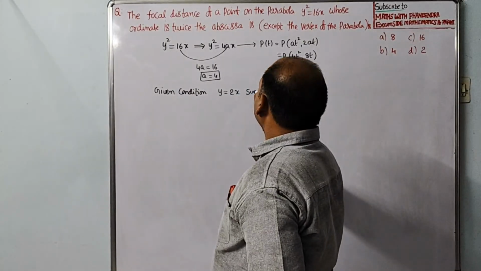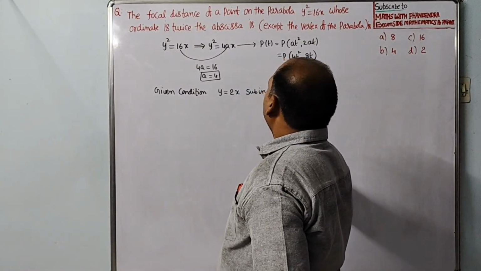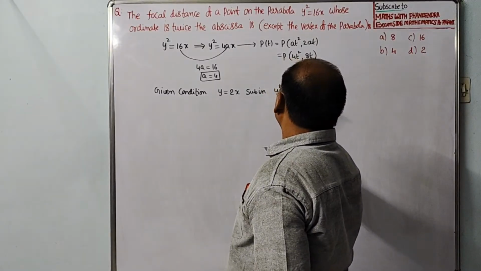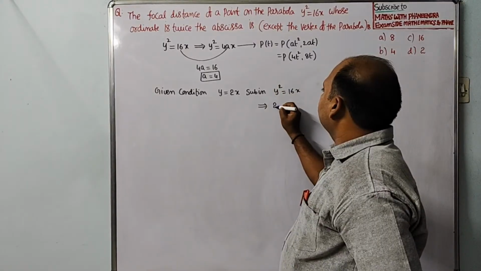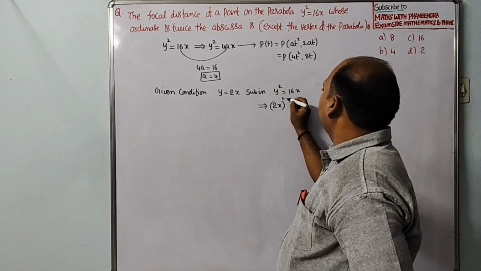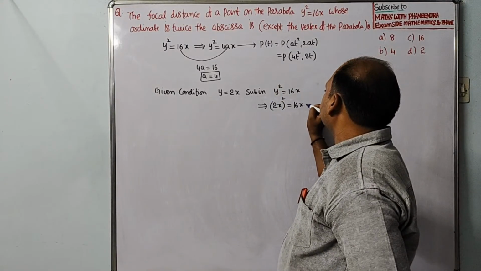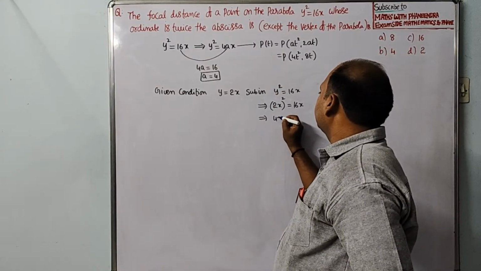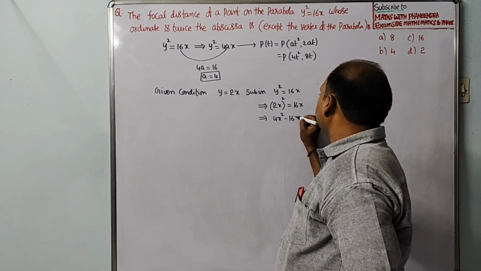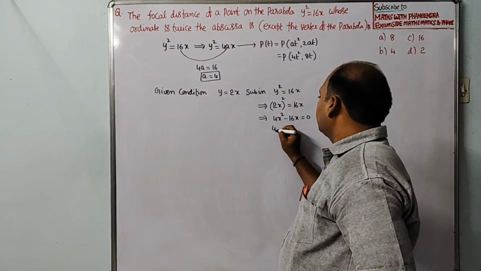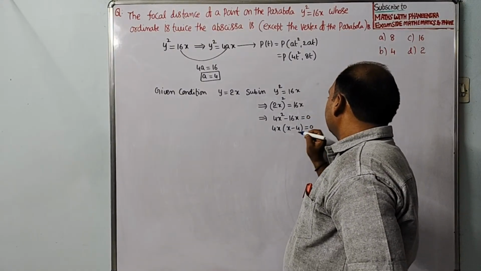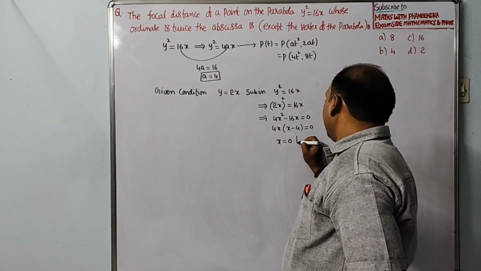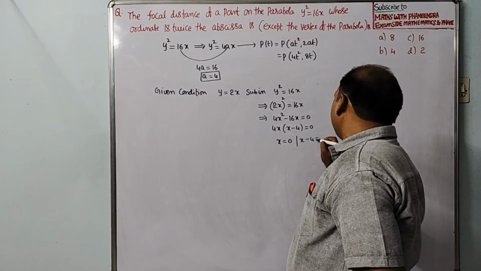This you can substitute in y square is equal to 16x. So what comes here? 2x whole square is equal to 16x. So 4x square minus 16x is equal to 0. So 4x into x minus 4. So x is equal to 0 and x is equal to 4.